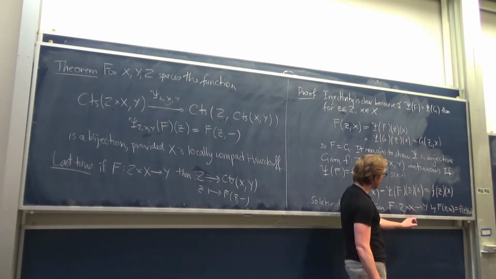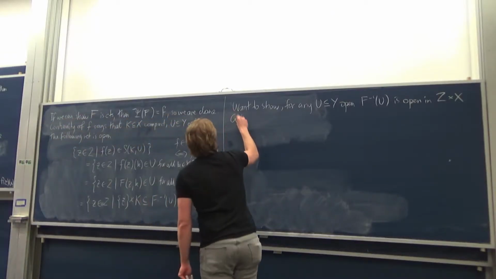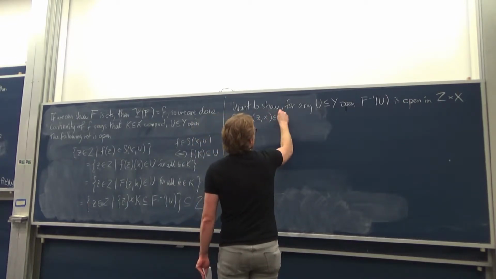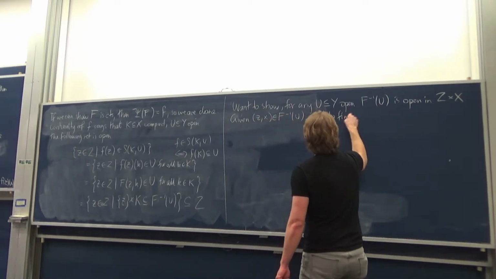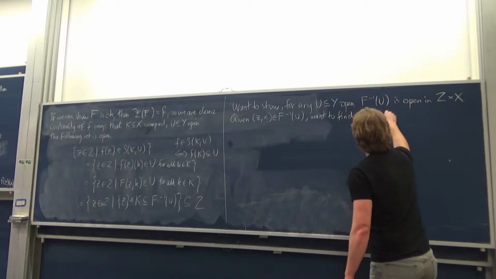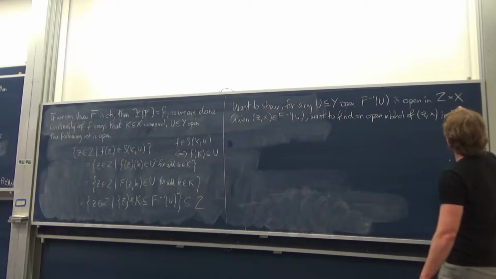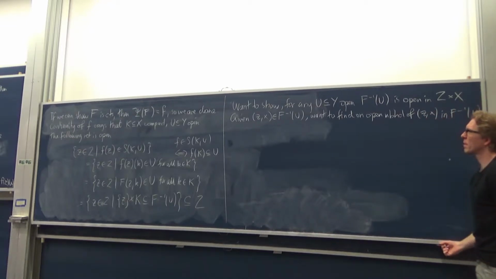We're going to take an arbitrary element of the pre-image and show that it has an open neighborhood contained in the pre-image of U, and that'll suffice to show that the pre-image of U is open. So given a (z,x) in F inverse U, we want to find an open neighborhood of (z,x) in F inverse U, and then the pre-image will be a union of all those neighborhoods, therefore open.